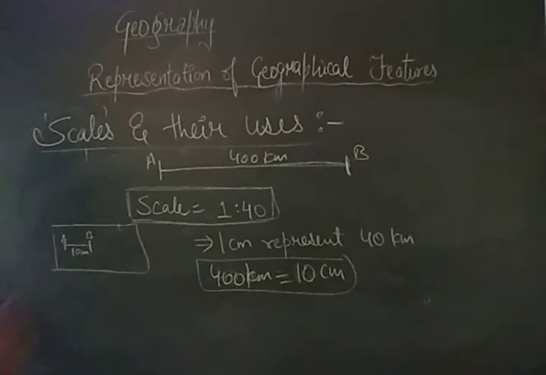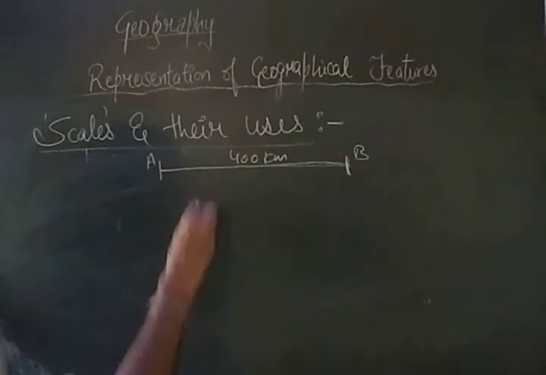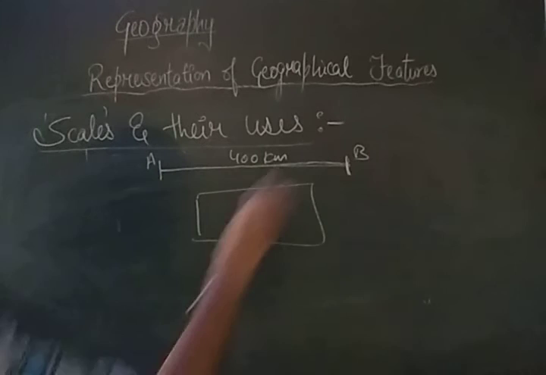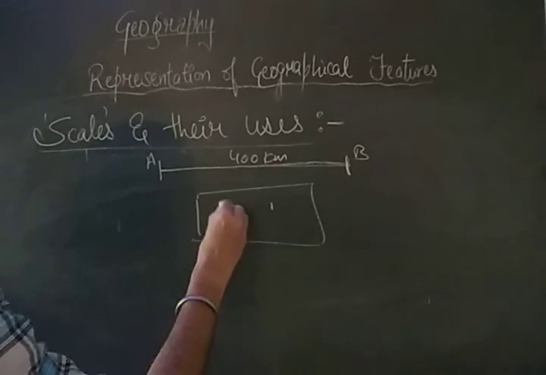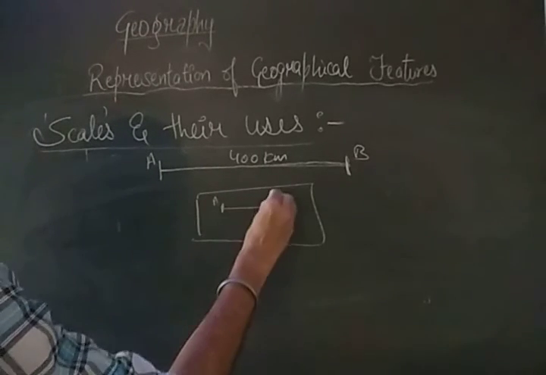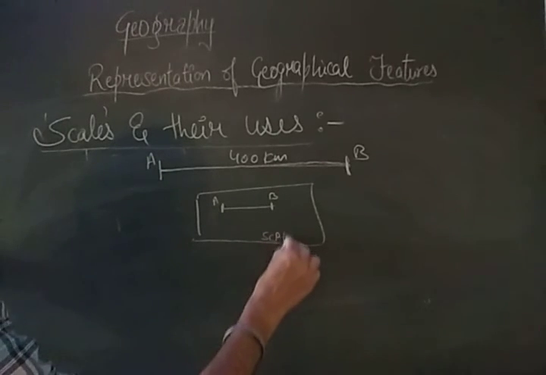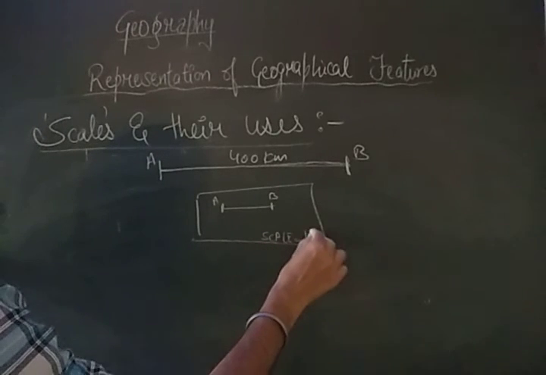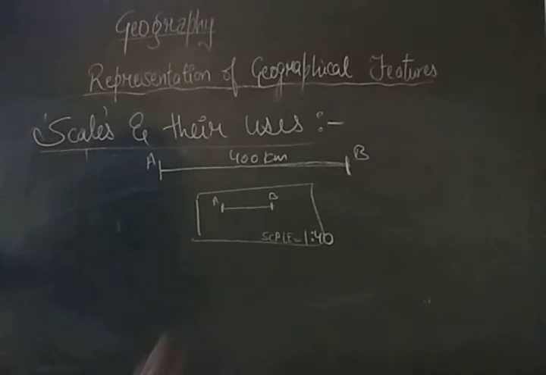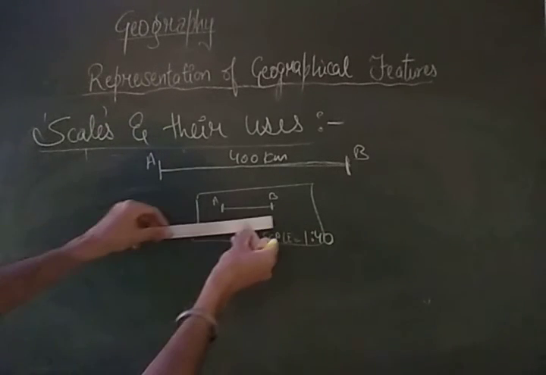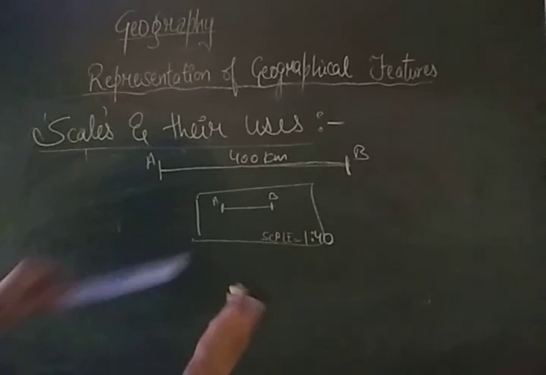Now when there is a map, pay attention. I have drawn a map indicating this distance A and B. When I see the scale given on the map, that is 1:40, I measure the distance between A and B. It is 10 centimeters.